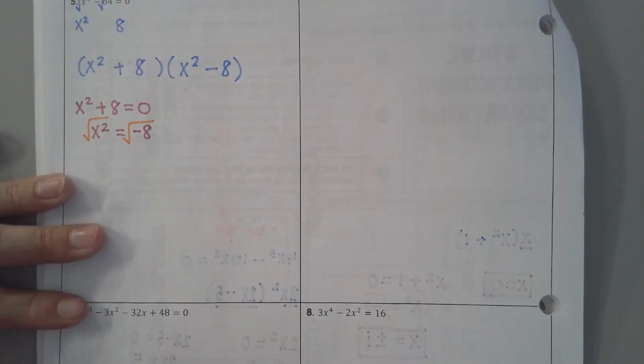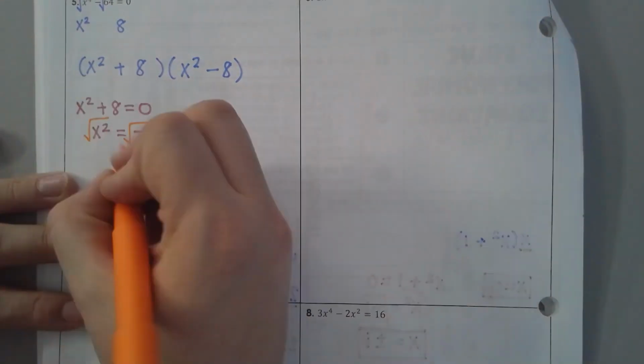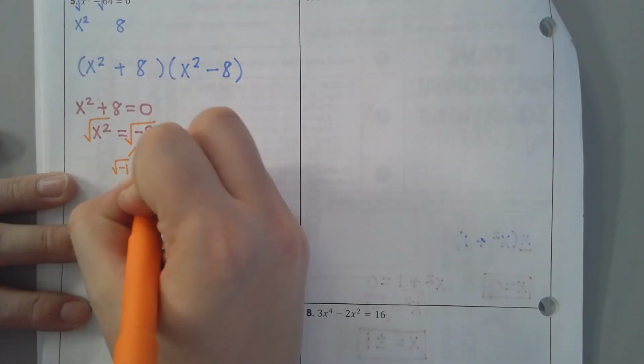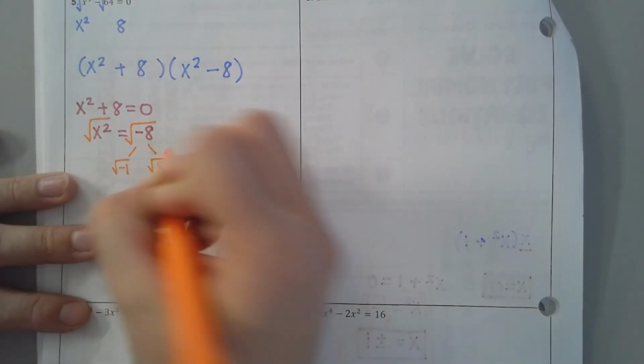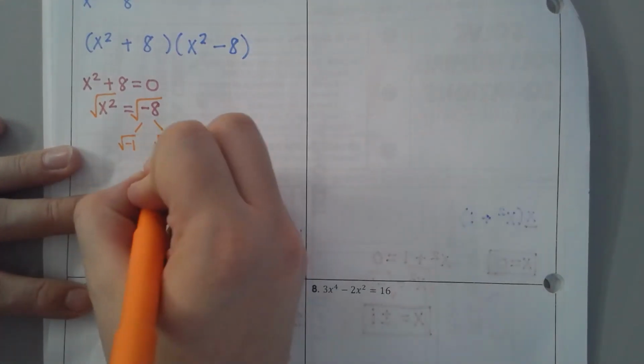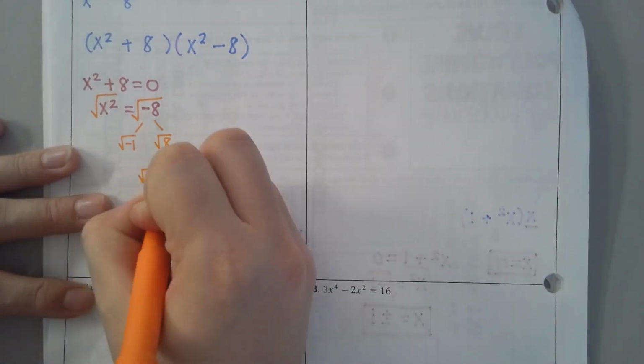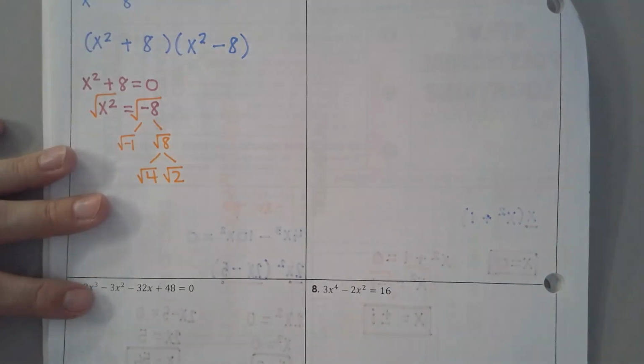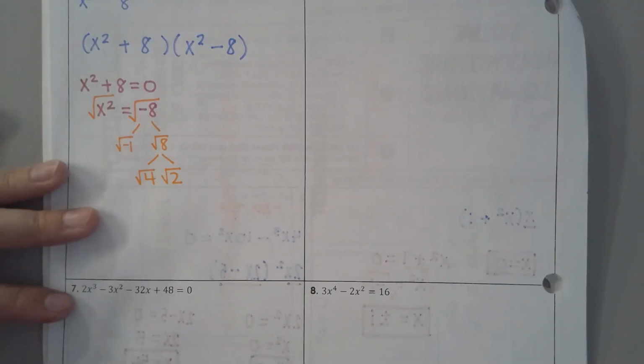And then I take the square root. I've got to have the negative 1. And then we did this, we know it's 4 and 2. Square root of 4, square root of 2. Okay.